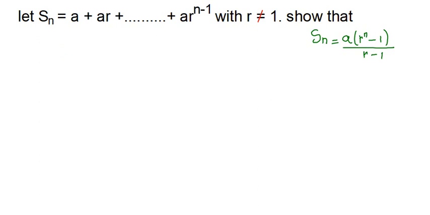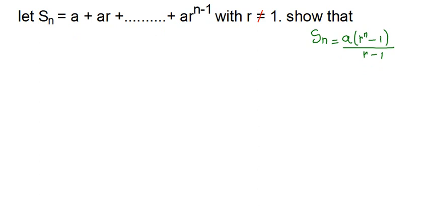The next step is that we also have to show that it is true for n equals k. I'm going to use both this one and this one right here. Here this is our s sub n, and this part is equal to that part, and that's what we have to show. But in this case, I'm going to show it in terms of k, not in terms of n.